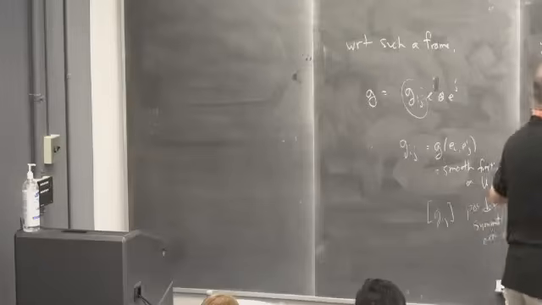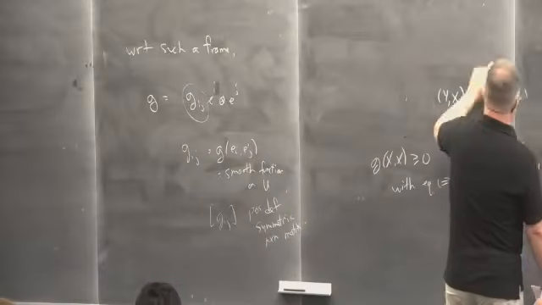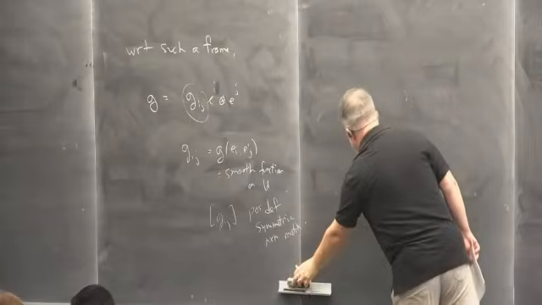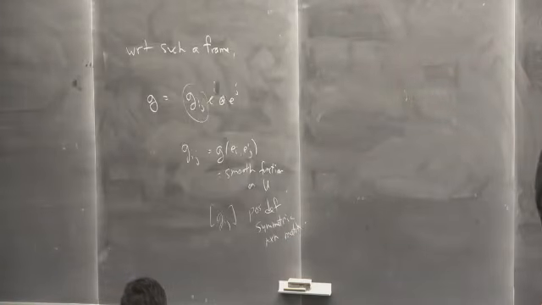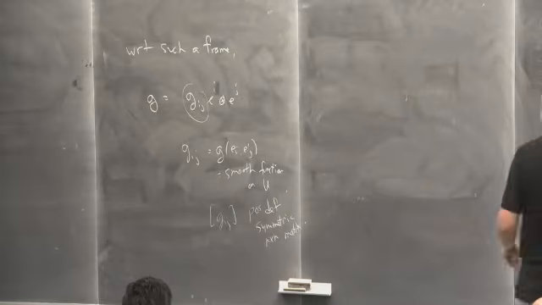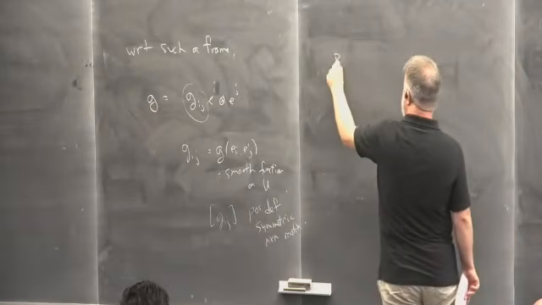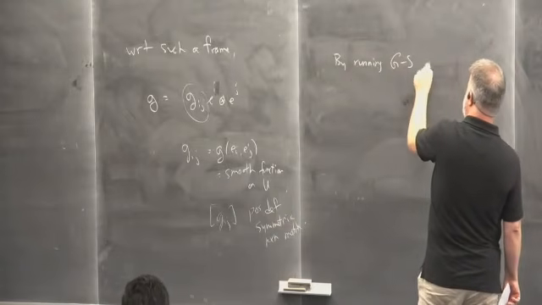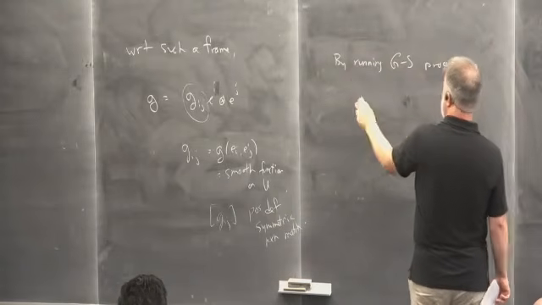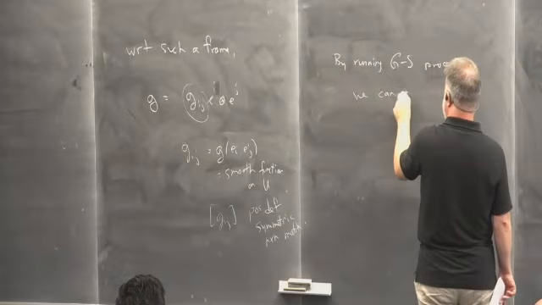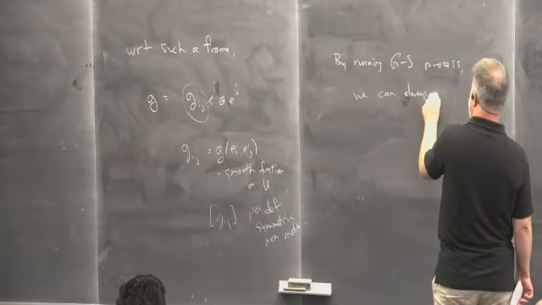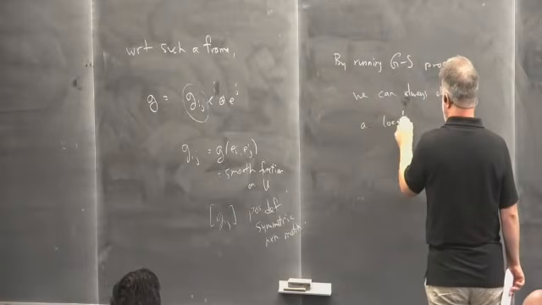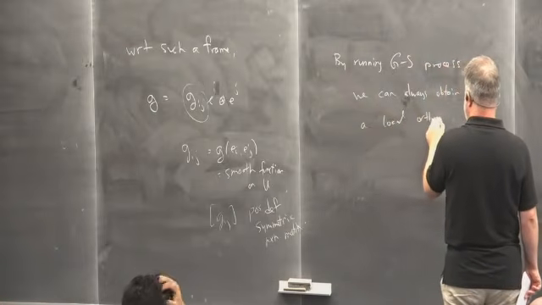Okay, so suppose we had such a local frame. We can always run the Gram-Schmidt orthonormalization process on it to get a local orthonormal frame.